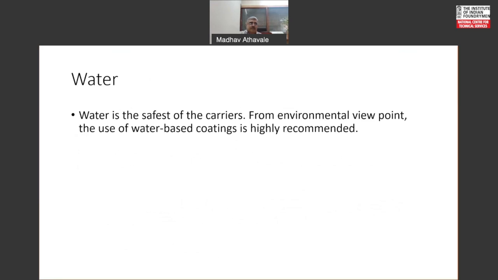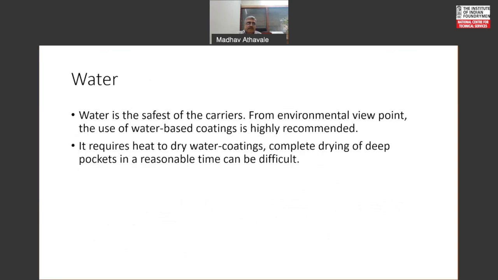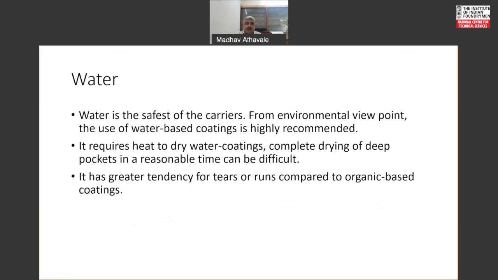Let's look at water. This is the safest carrier from an environmental point of view, but it requires heat to dry the water-based coatings. Complete drying of deep pockets in a reasonable time can be a difficulty.